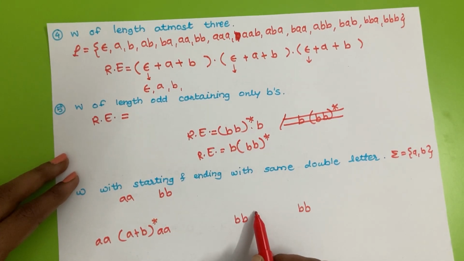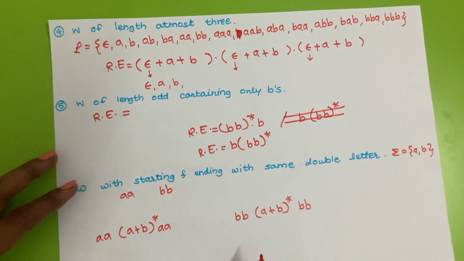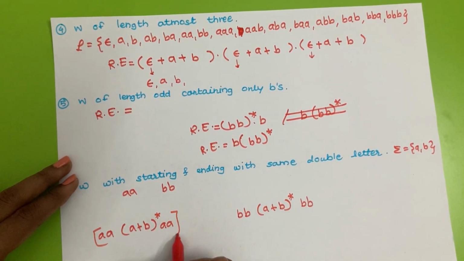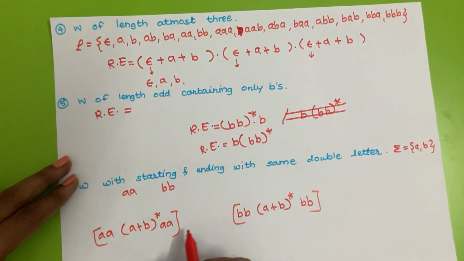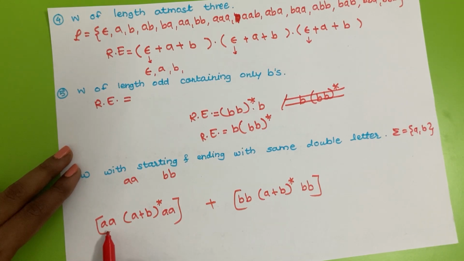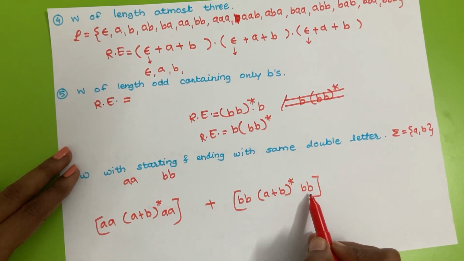So these brackets will be connected with the help of plus, meaning either I start with double A, then it should end with double A, and if we start with double B, then it should end with double B.